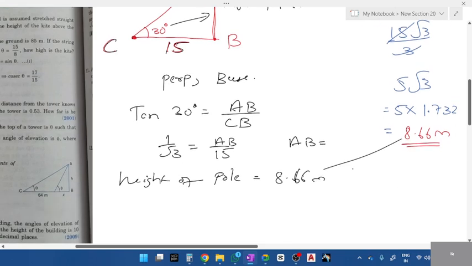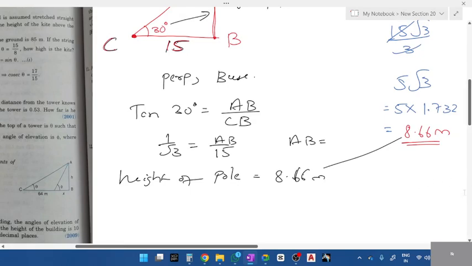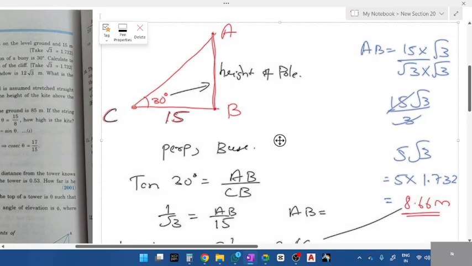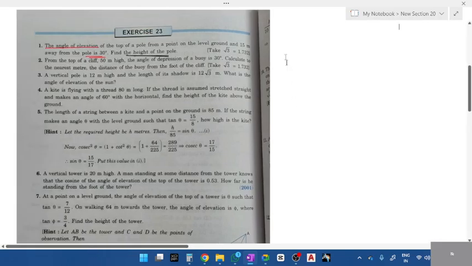Shall we try the next question? So you all should know what is angle of elevation and angle of depression. First draw a right angle triangle, students.